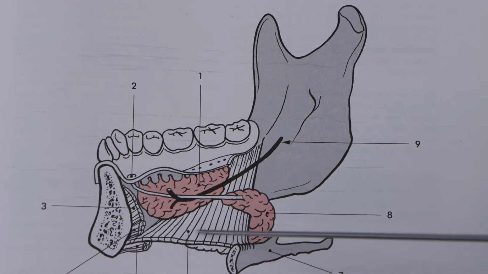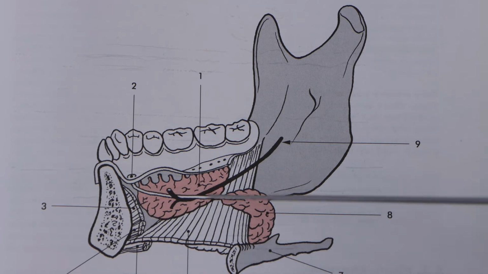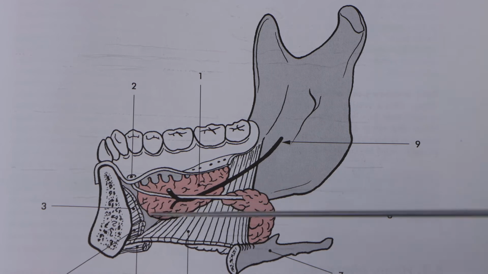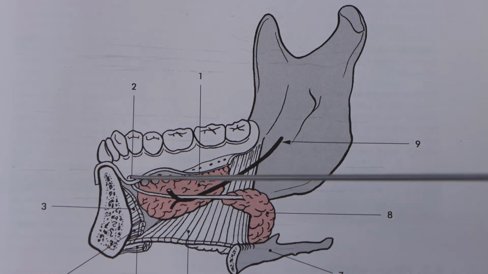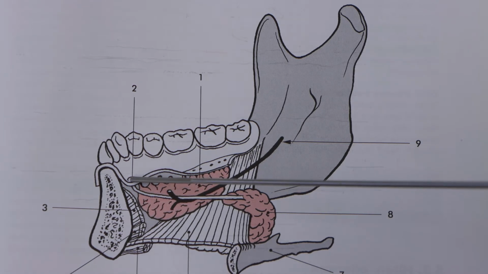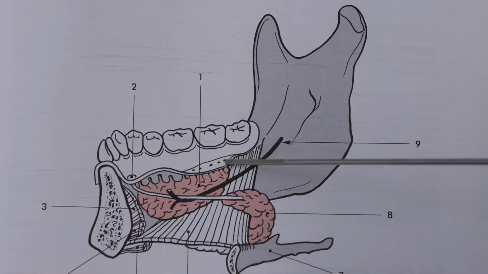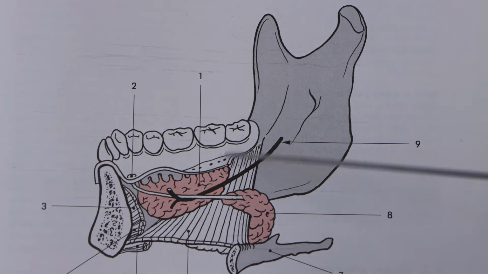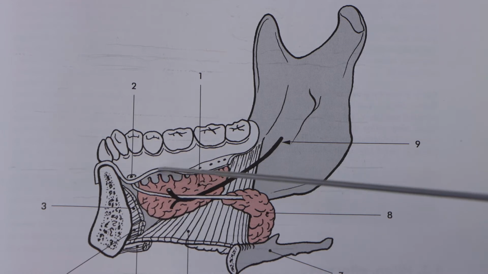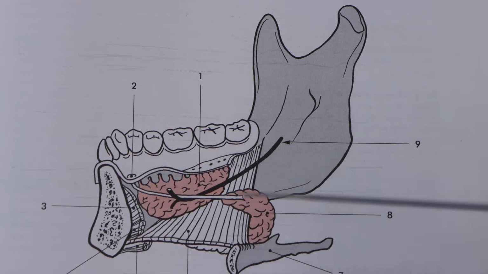Here, as you see, the mylohyoid muscle, and above the mylohyoid muscle you can see the sublingual gland with its major sublingual duct, which opens to the sublingual caruncle, and several minor sublingual ducts that open to the sublingual fold or plica sublingualis, which is seen here on the floor of the mouth.